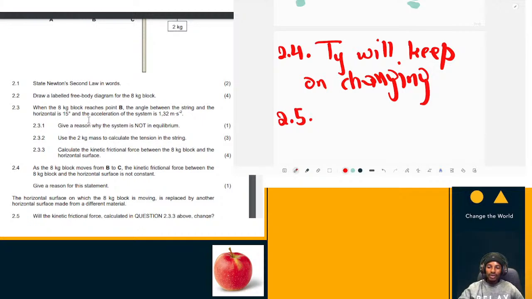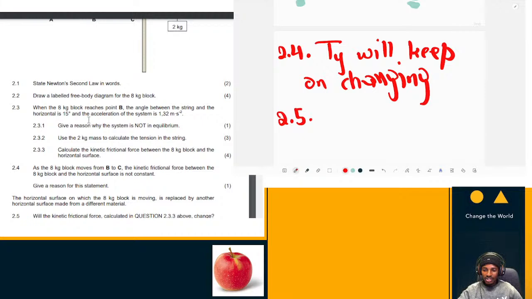Now, let's assume that we replace this rough surface with a smooth surface. So what will happen to the friction? Since now the surface is smooth, there will be no friction. In other words, this confirms that the frictional force is a property of the surface, or in other words, the frictional force depends on the nature of the surface.